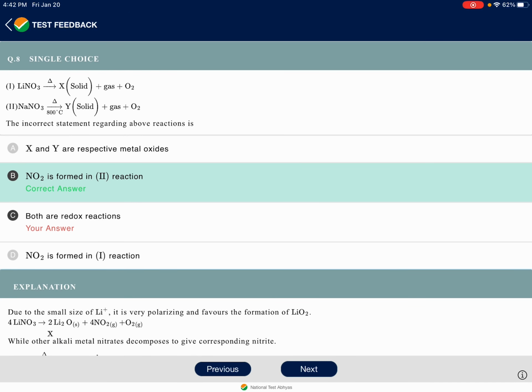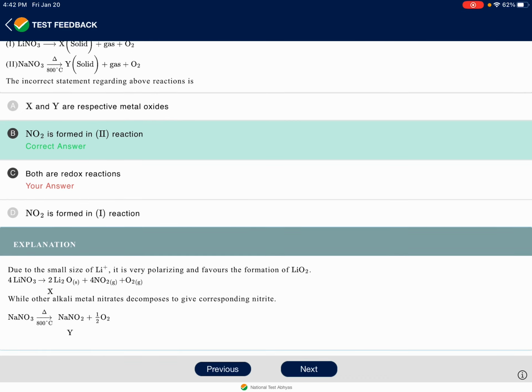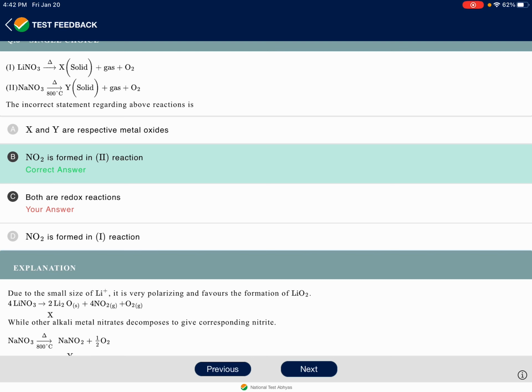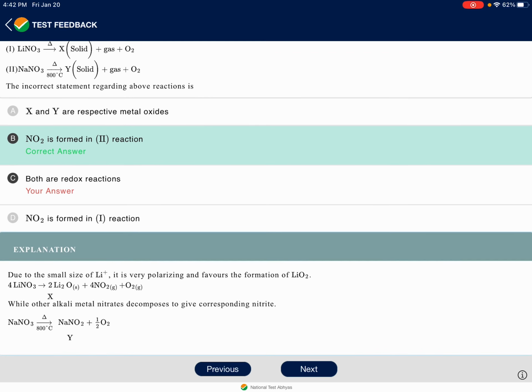Sir, NO2 is formed in the reaction. Correct answer: both are redox reactions. The first gas also gives NO2. LiNO3 will give Li2O, NO2 and O2. This is absolutely wrong. What is it asking? The incorrect statement. Oh, NaNO3 at 800 degrees Celsius.